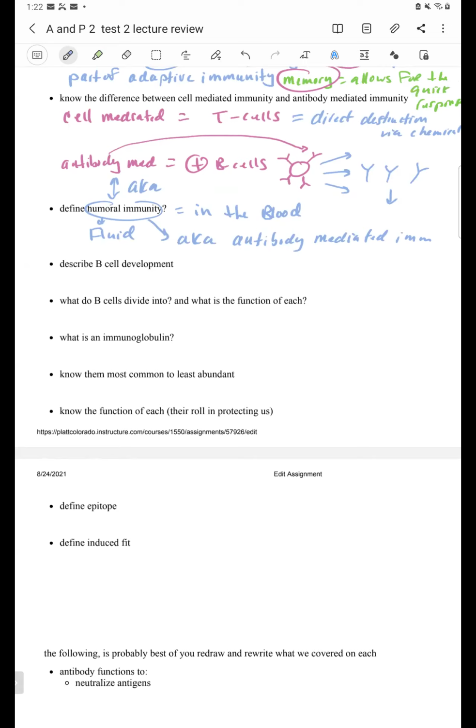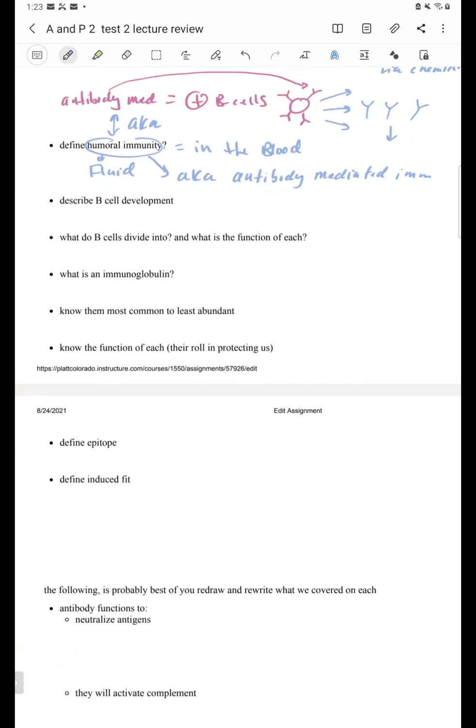Okay, the B cell development, that was part of our longhand notes where ultimately they come from the bone marrow, and then they're released into the bloodstream. And so they like to travel around in blood and your lymph and your lymphatic organs.